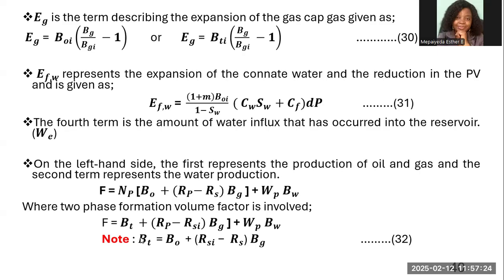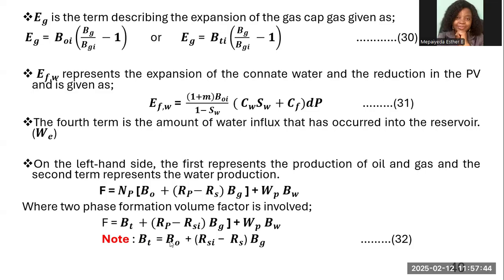So if you slot that into here, what you have is this: Bo plus Rsi minus Rs Bg. That's your Bt.